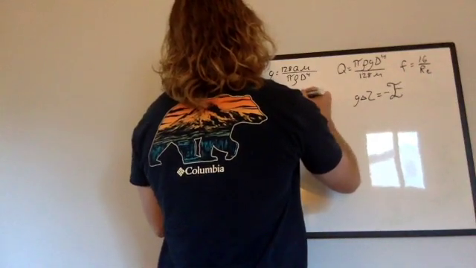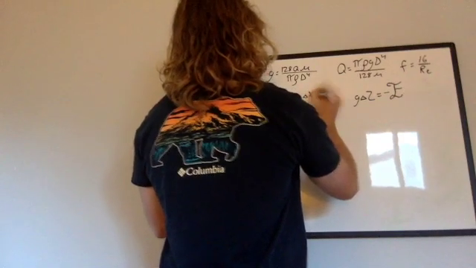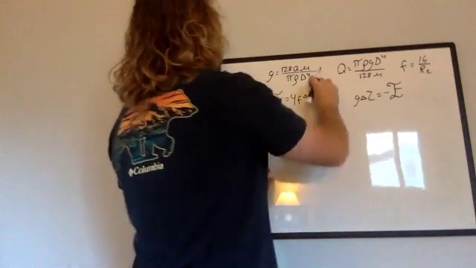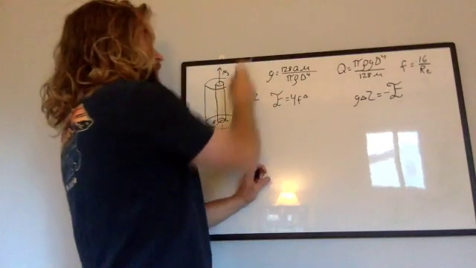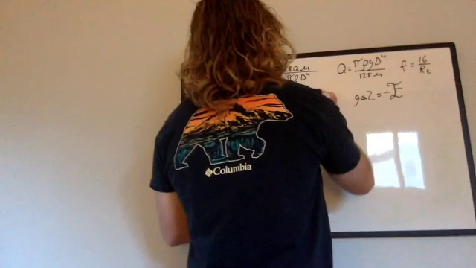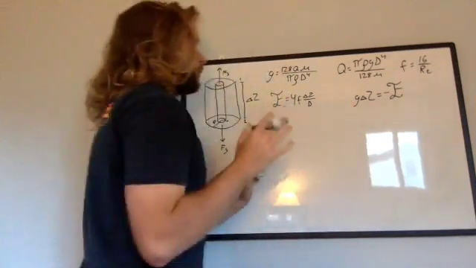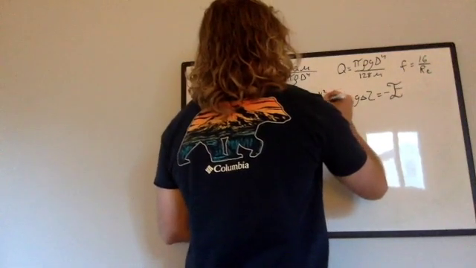So 4 times our fanning friction factor, multiplied by our change in altitude, which we can just write as our delta Z, because it's going to be the same as the delta Z for our pipe that we used earlier. Then this is going to be over the diameter, and this is also going to be multiplied by the velocity of the fluid squared over 2.